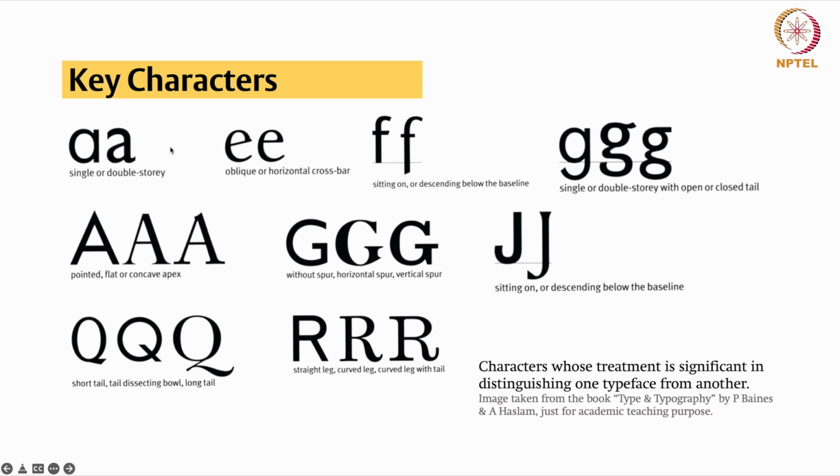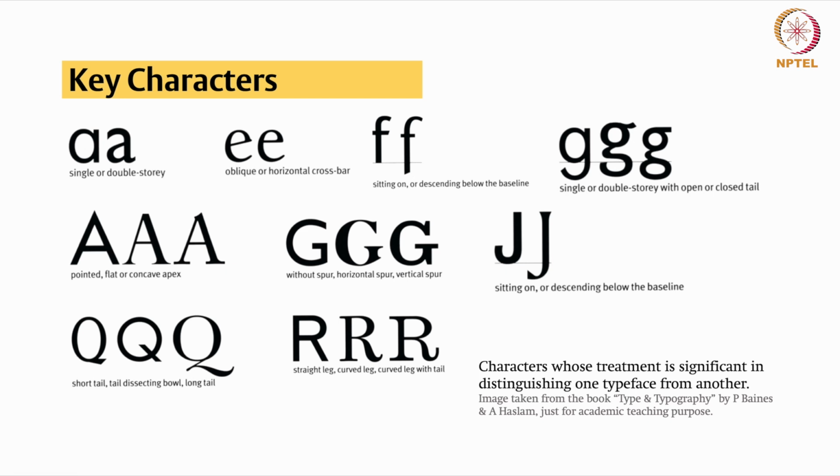Similarly, if you look at letter E, many times you will find that the horizontal crossbar has been turned oblique, and these changes have been made just to make the letterform unique. It is also visible in letter F, where the first letter is sitting on the baseline, whereas the second letter is descending down below the baseline.